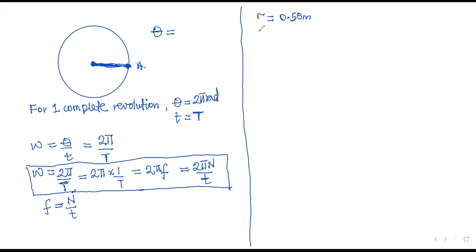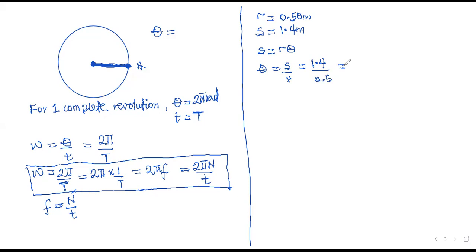So we are given the arc length, 1.4 meter. In determining the number of radians, using S equals R theta, make theta the subject, and you have S over R. S is 1.4 divided by the radius, which is 0.5.